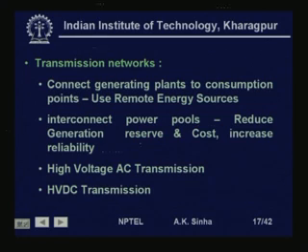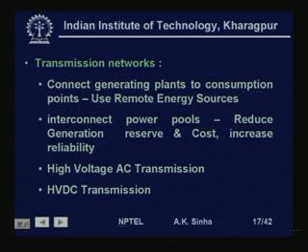It interconnects power pools. Again, if we have different systems which we need to connect, like earlier we have state electricity boards, and these state electricity boards were basically entities in each state, and it may be possible that some state has extra energy available, whereas some state may be needing that energy sometime. So, we had connected various states.